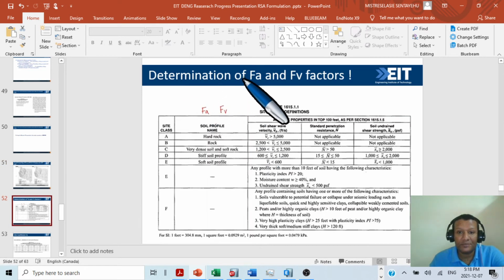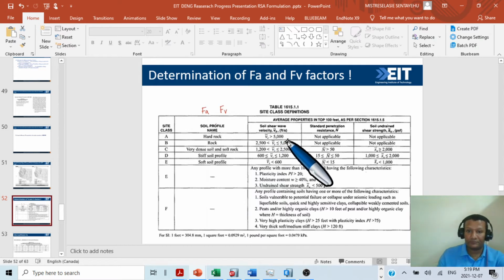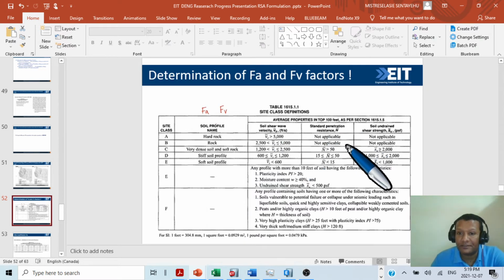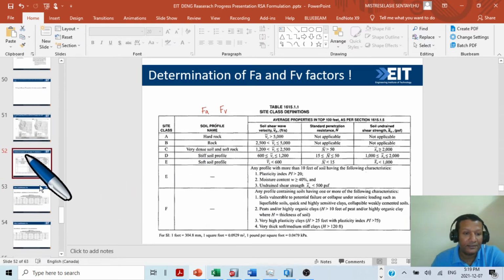As you can see, determination of FA and FV factors, site classification, definition. From here we will find, for example, site class, soil profile name, hard rock or whatever, soil shear velocity, standard penetration, soil undrained shear, and as per this we will pick our site class.